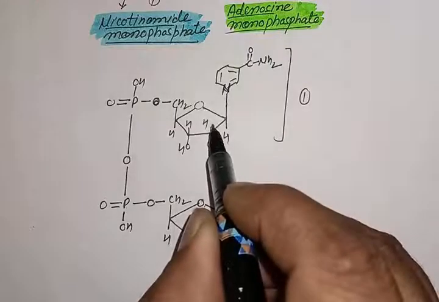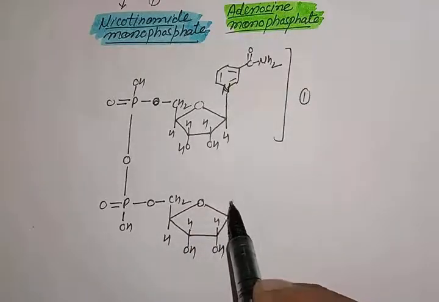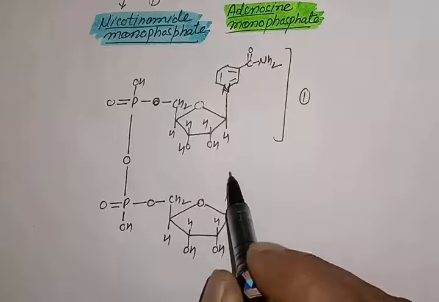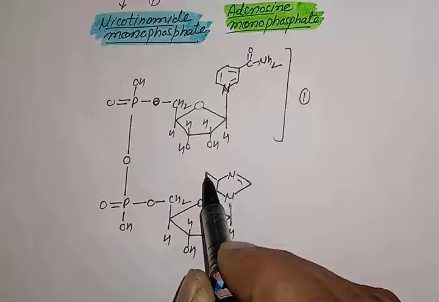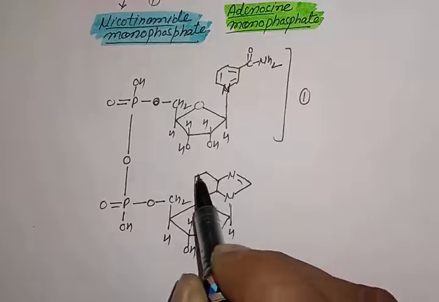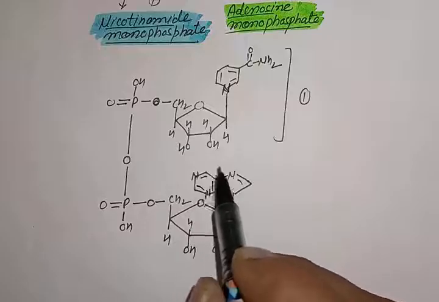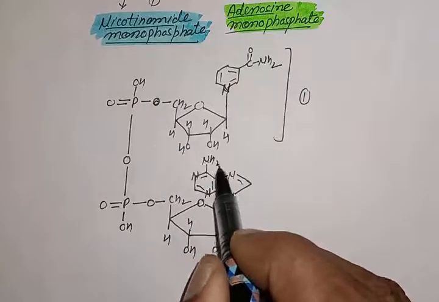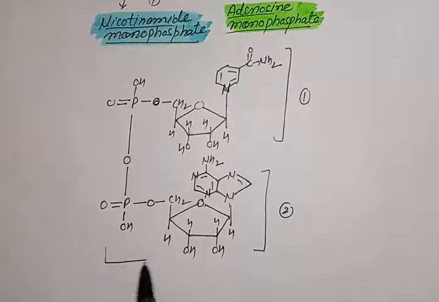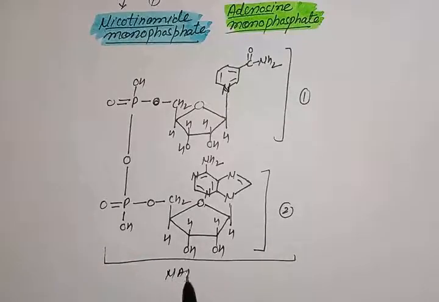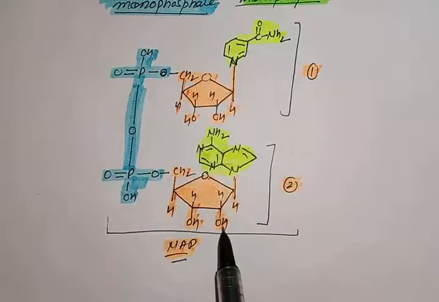In a similar way, this is H and OH, and this is also H and OH, and here is H, and this is attached with the adenine. Adenine is a nucleotide base. This is a 5-member ring. This 5-member ring joins with the 6-member ring having 2 nitrogen atoms and 3 double bonds, and here is the NH2 group. This is our adenosine monophosphate unit, and this whole structure is for NAD.